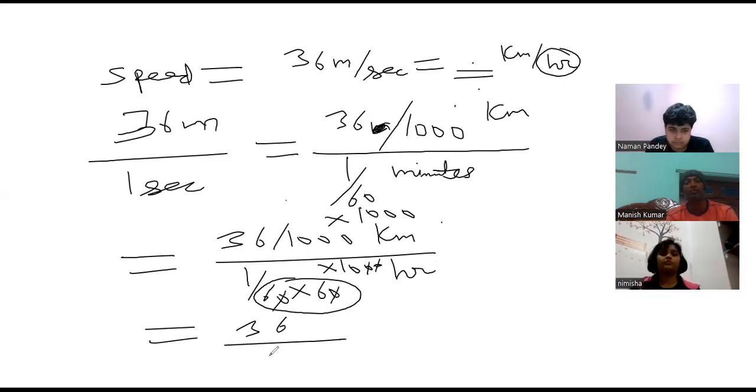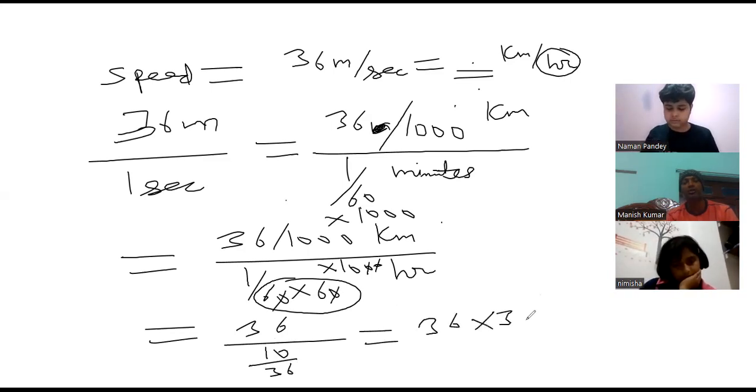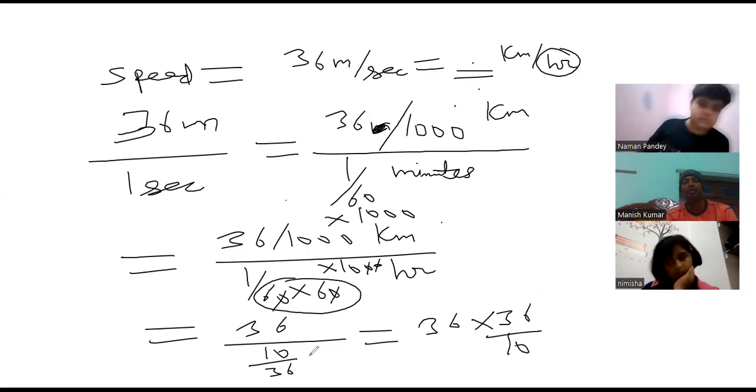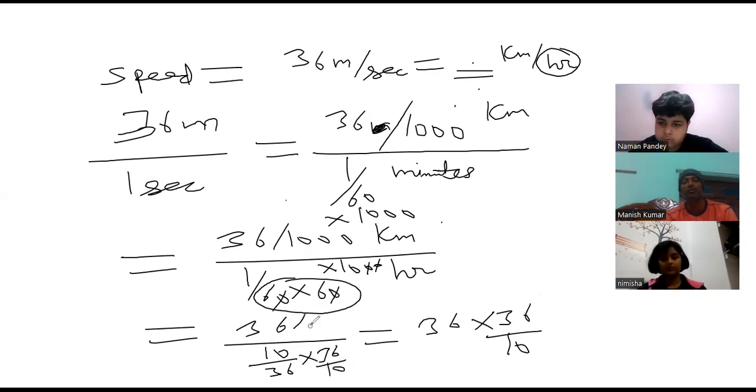Then it will be what? 10 by 36. Isn't it? Equal to 36 into 36 by 10 also you can write, or you can multiply here by cross multiplication. Into 36 by 10 you can write. Then you will have to do here also 36 by 10, isn't it? So here both will cancel out. Here will be 1 and above we are getting 36 into 36 by 10, isn't it?